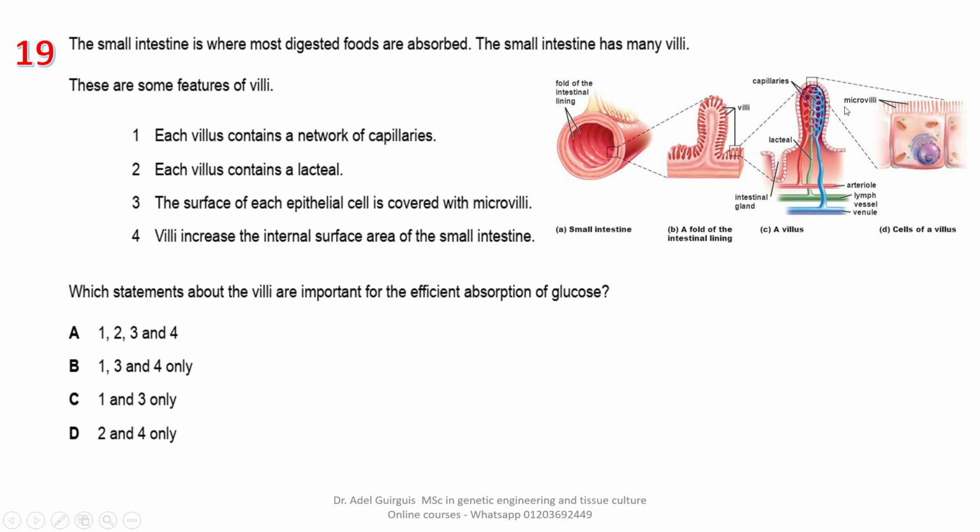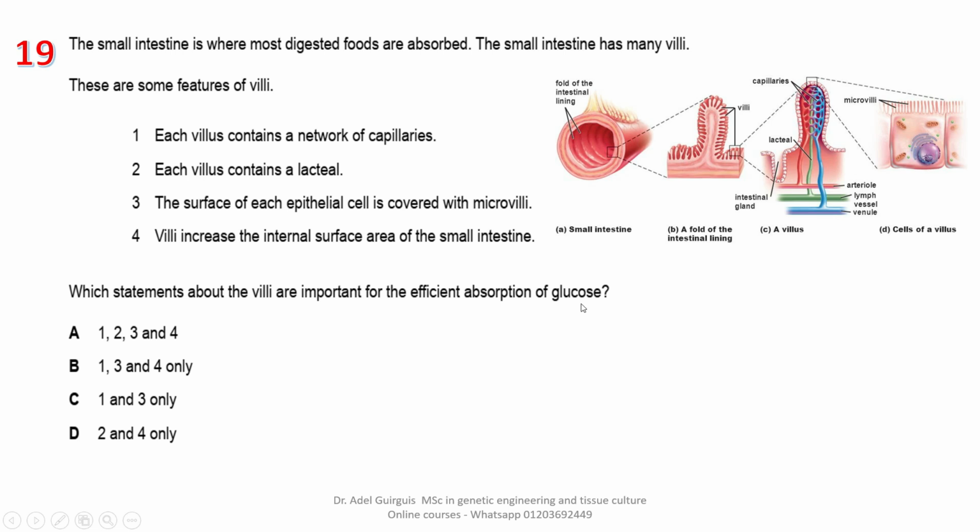Each epithelial cell is provided with many more microscopic microvilli. All of these features increase surface area for efficient absorption of glucose.